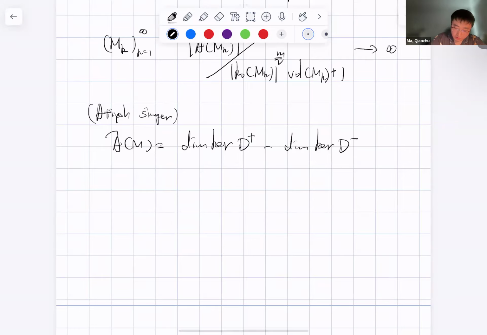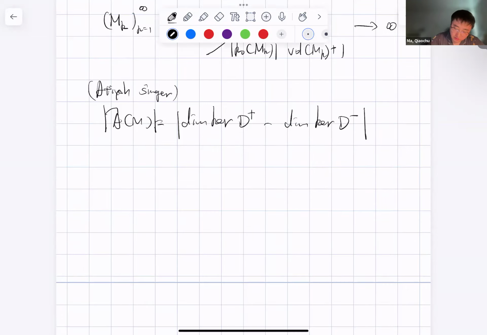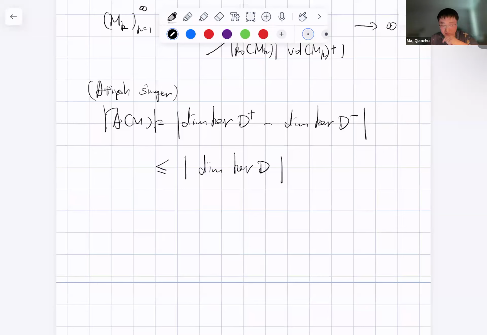So we want to control the absolute value of the A hat genus. Equivalently, if we can control the dimension of the kernel of the Dirac operator, put together, not the difference but the sum, then we can control the A hat genus. So the kernel of the Dirac operator.